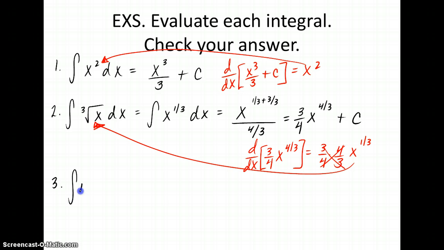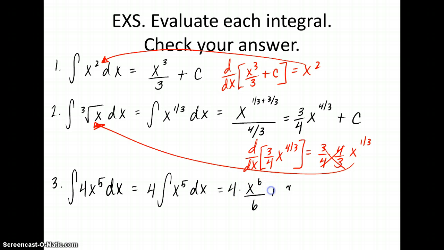Okay, let's look at some rules. 4x to the 5th dx. So you have a rule that says you can bring the coefficient out front because that's not affected by the power rule. The power rule says add 1 to the original, then divide by the new exponent. So 2/3 x to the 6th plus c.